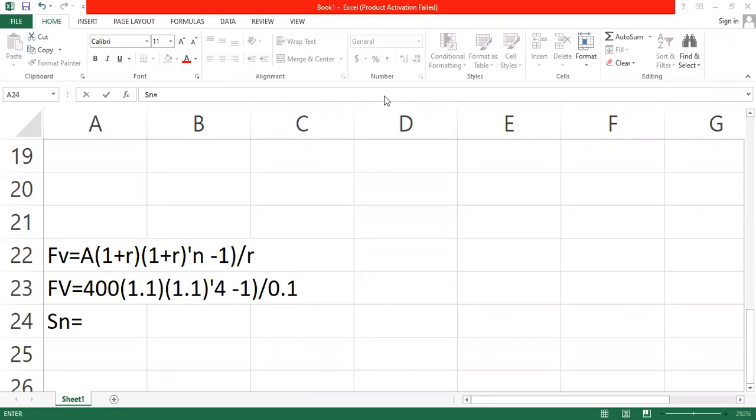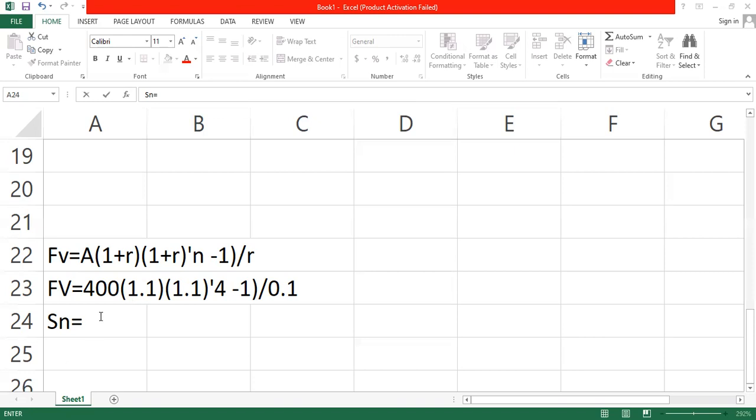Before you bring the 1.1, bring 2 brackets. So 400 multiplied by 1.1, the bracket closes. Then you bring 2 brackets before the 1.1 exponent 4. Then you bring minus 1. The minus 1 is not on the exponent. It's a figure on its own. Then you divide all by 0.1. You get 20.4.